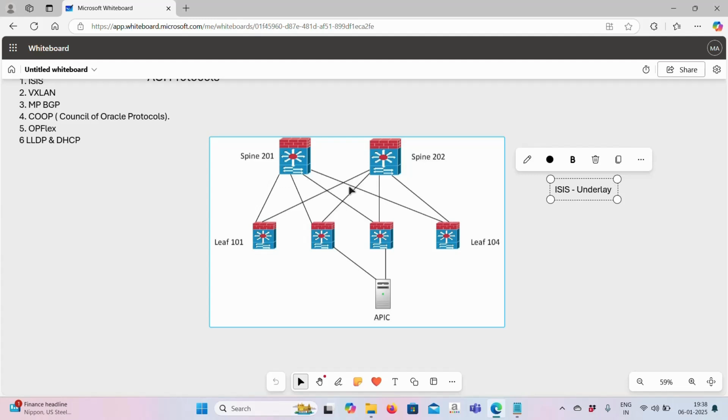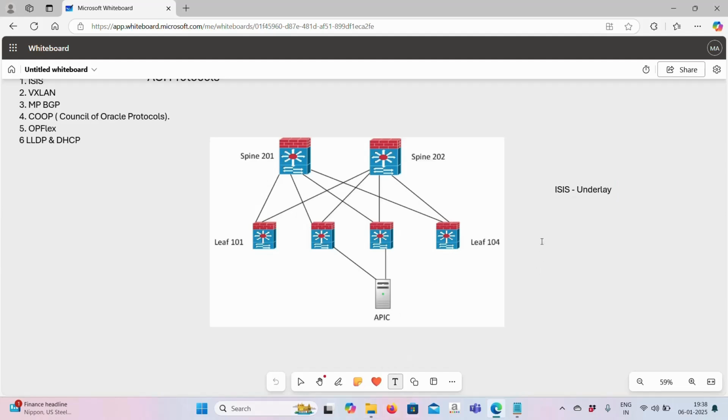Now obviously you will have a question in terms of why ISIS and not any other protocol. So ISIS is the only protocol which has the option of a customized TLV. Now TLV stands for type length value. Depending on what you want to advertise, you can use the TLV at different layers.